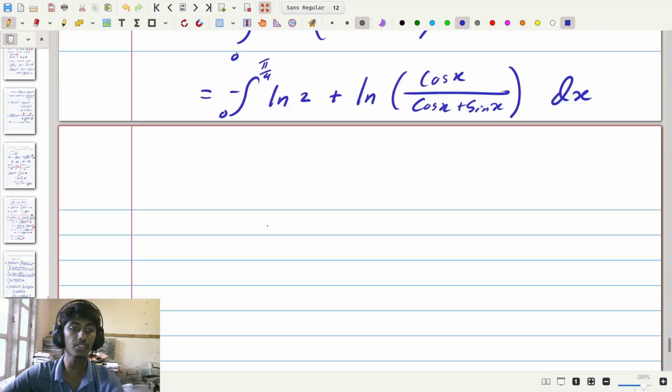Taking this down, we can see I is equal to the integral from 0 to pi by 4 of the original one.